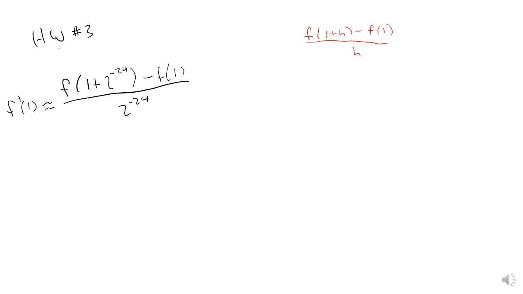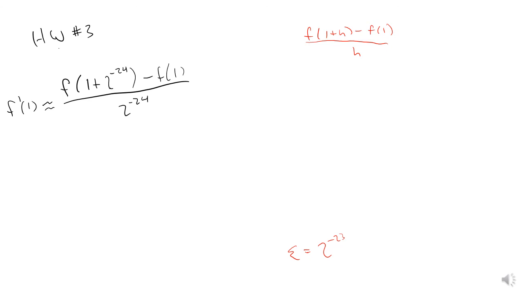So something you'll need to think about here, what they're asking you to use for h is 2 to the negative 24th, and assume that you're working with a single precision computer. So if we're dealing with a single precision computer, remember our machine precision there is 2 to the negative 23rd. So really what this question is asking is, what happens when we make h smaller than what the machine can handle, right?